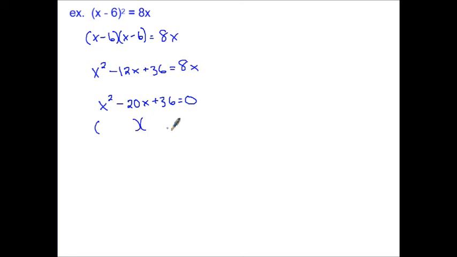And throwing down some parentheses, I should have an x minus 2 and an x minus 18. And again, double checking it really quickly in my head, I see that I'm good. So, hopefully I can skip the two little equations here and just give you 2 and 18.